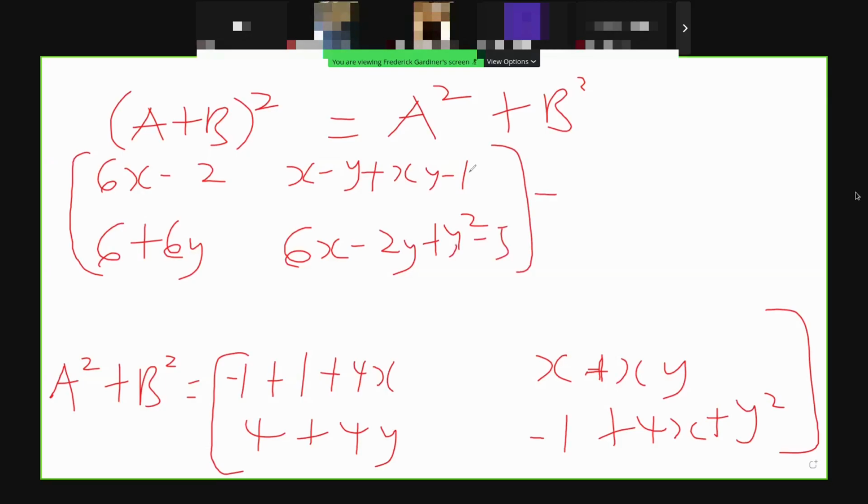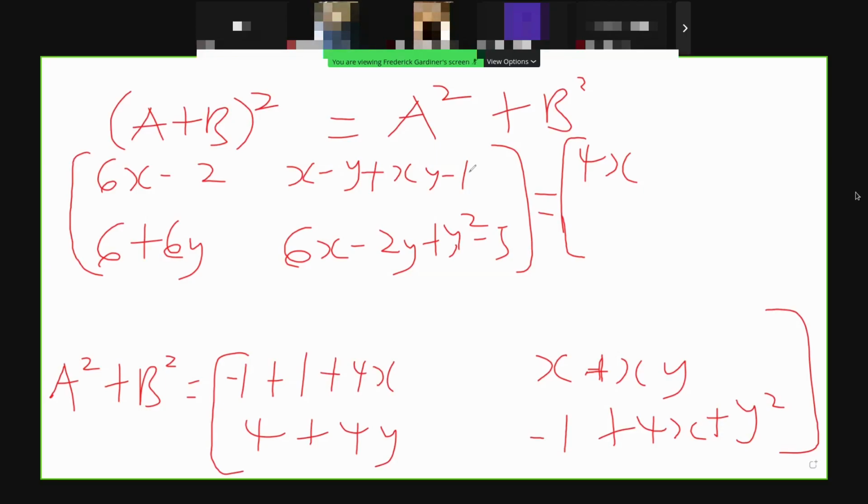Now that should be equal to a squared plus b squared, and that is the matrix. If you look at the first element, -1 plus 1, do you agree that will be 0? So we'll be left with 4x.